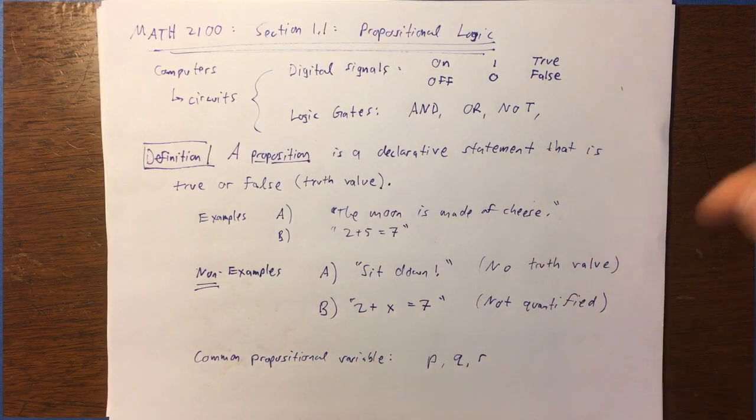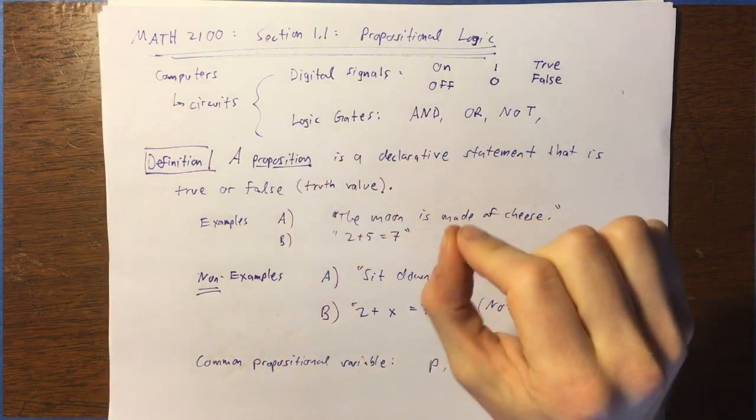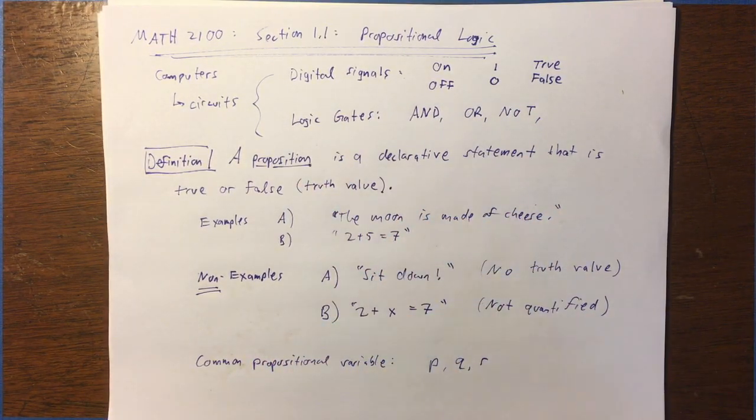There are alternative logic systems that incorporate those ideas, and they reject the law of the excluded middle, but we're not going to learn those. If you're interested, you can Google something called intuitionism, and that is one of the more popular non-classical logic systems. However, computers are based on classical logic, and so that's what we'll be learning in this class.